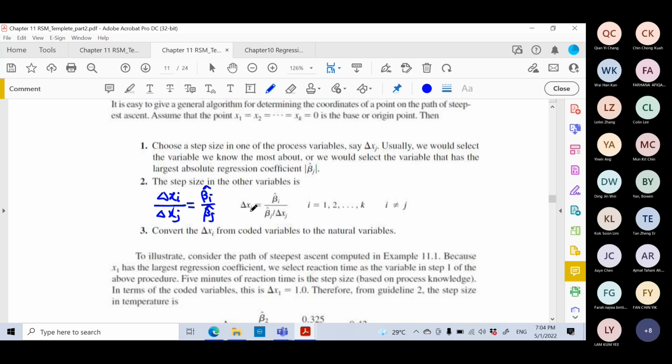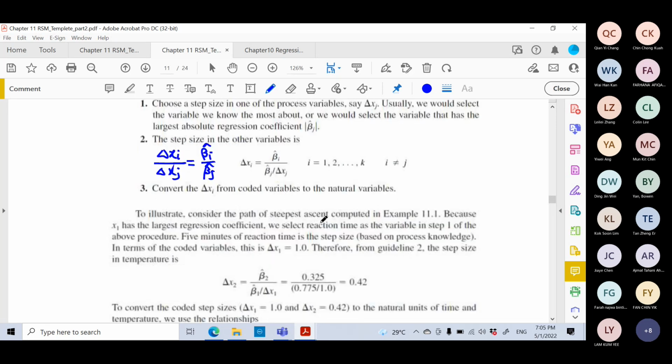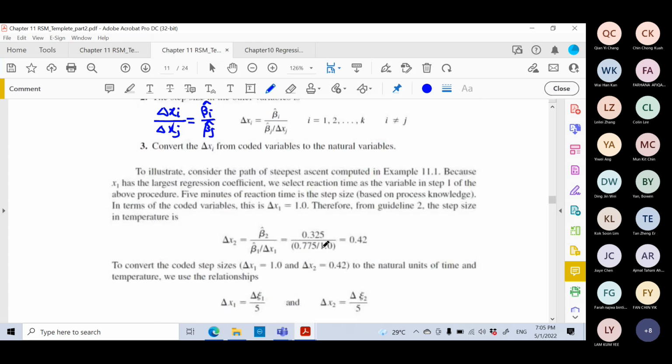After that, you convert the delta xi from the coded variable to the natural variable, so that you know what your step size is. Because once you do the coding, you can only have a negative 1 and a positive 1. Okay. So this is the example just now of how they calculate it out, and get 0.42.